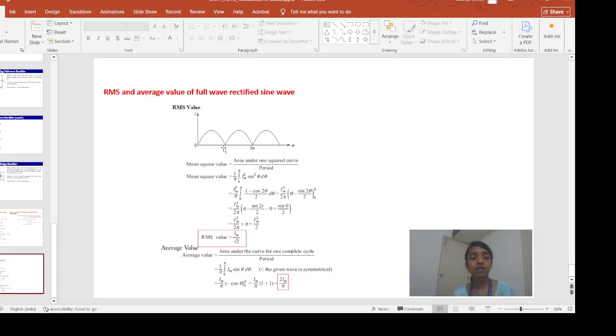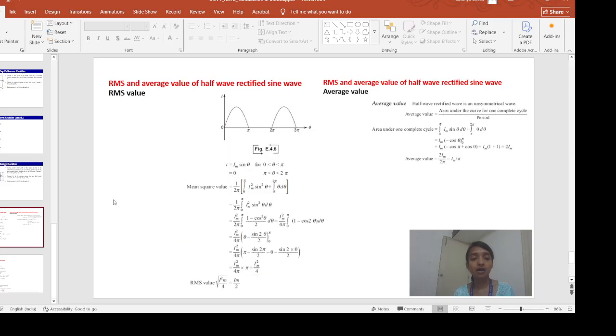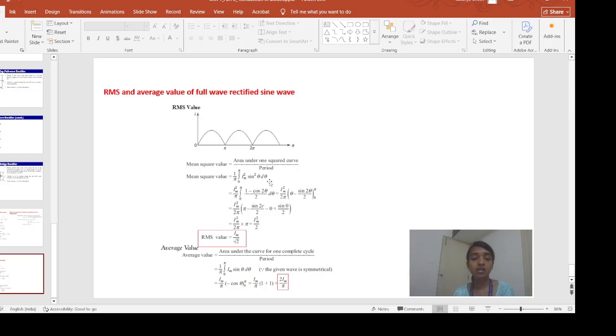From 0 to pi, what was the value, Im sin theta? So we will take I square m sin square theta d theta, since we are calculating the mean square value. Now if I want to calculate the root mean square value, we have to take the square root of this mean square value. Similarly, to calculate the average value, the period we take is T by 2, half of the total time period.